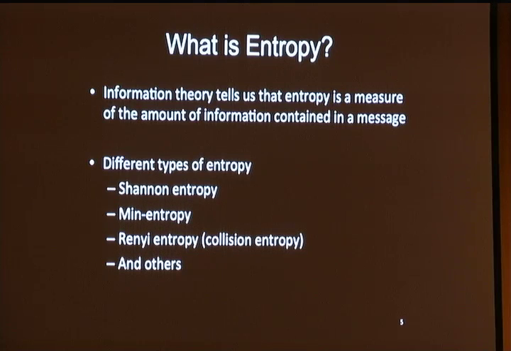A message can be an event or a sample from a distribution. So entropy characterizes the uncertainty about the source of the information. Even in information theory, there are different definitions for entropy, the first one given by Shannon in 1948. And there were other definitions like min-entropy, Renyi entropy, and actually many others too.